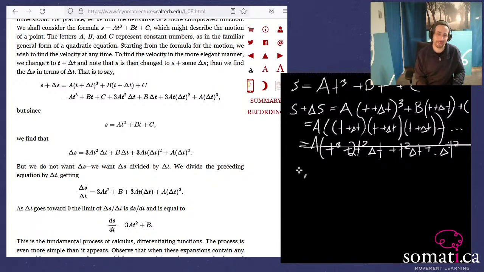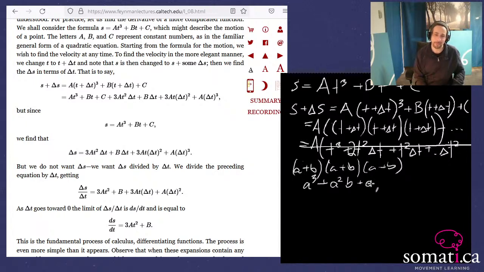So let's use some other notation. A plus b, a plus b, a plus b. So that's a times a times a is a cubed plus a times a times b, a times b times b.